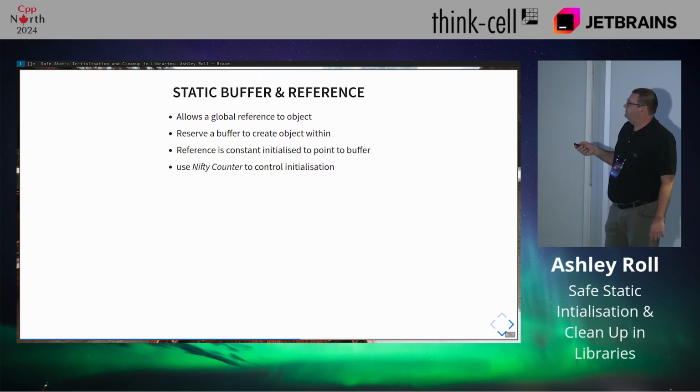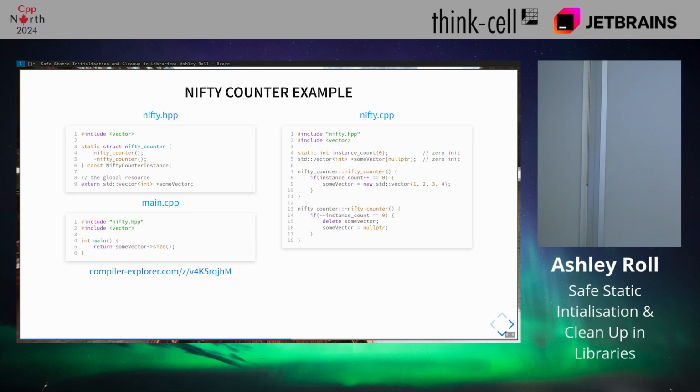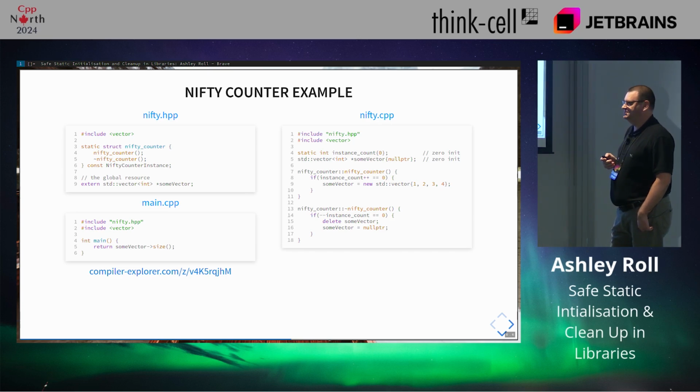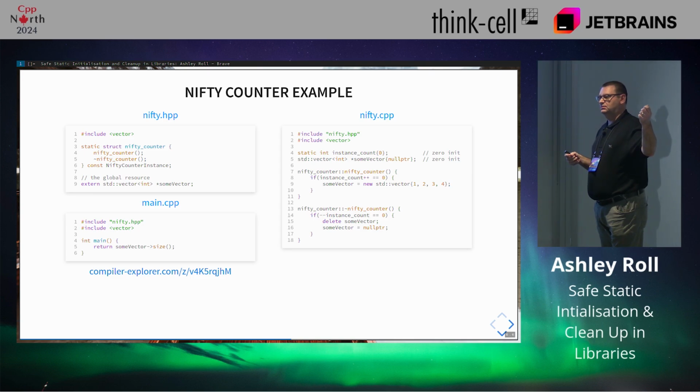Yeah, static buffer. That doesn't help you with the destruction order if you have two of these depending on each other. It's about not having dependencies, is what it comes down to. So this only allows you to know that you're the first call to the initialization in your program, and if you're the last call to the destructor, it means you know you can clean up.